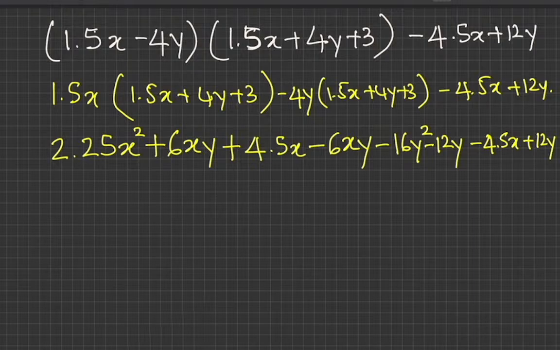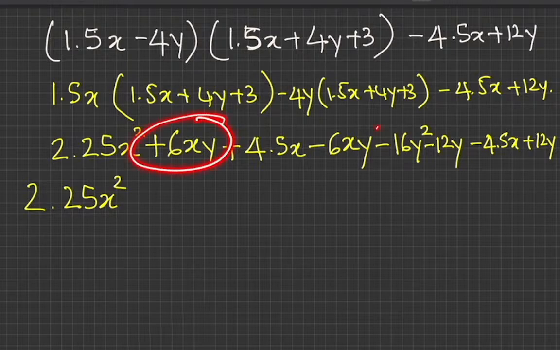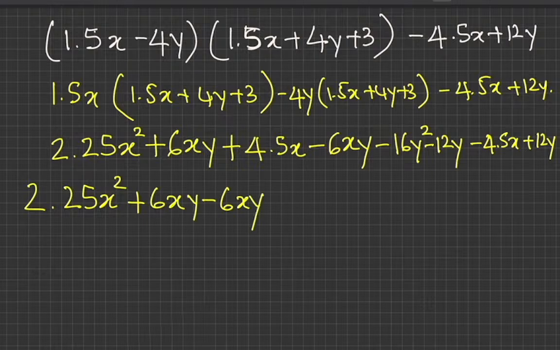So now we have to check first. Let's check, do we have any like terms? Now we have to group all the like terms together. So 2.25x squared is on its own. Then I have 6xy over here plus 6xy, negative 6xy, correct? So 6xy minus 6xy, basically they cancel.